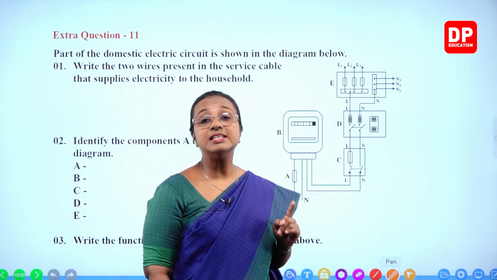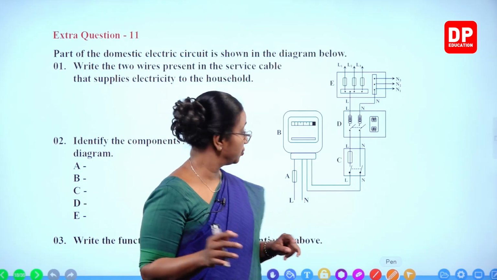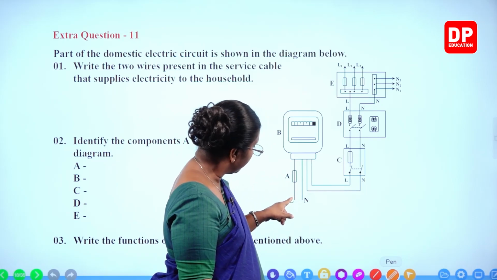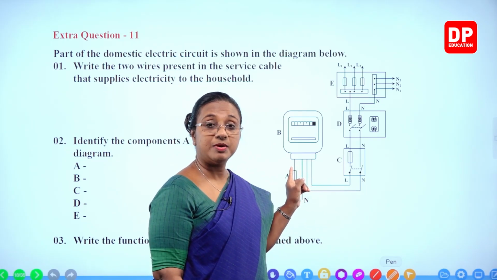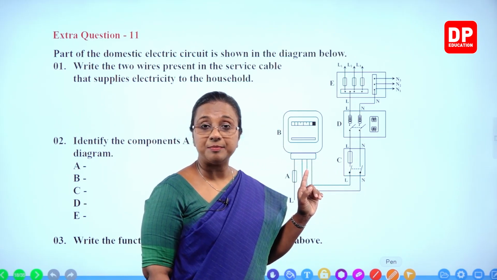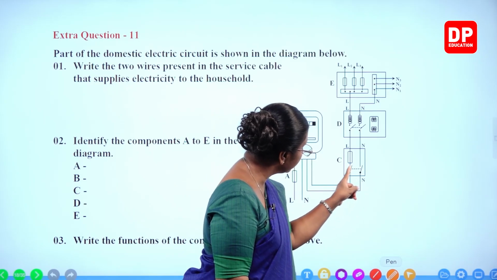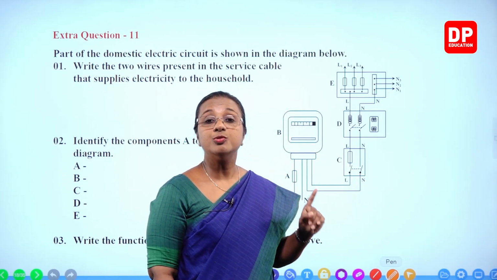It is the isolator. Isolator is the main switch with the main fuse. Through the overload circuit breaker, it is a maximum of 40 ampere current. Here it is a maximum of 30 ampere current. Both live and neutral wires are connected, so that means it is a dual pole switch.